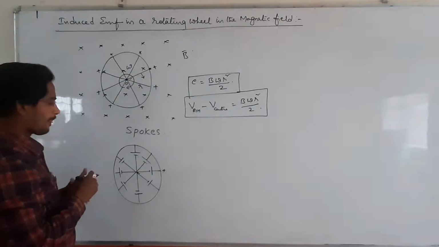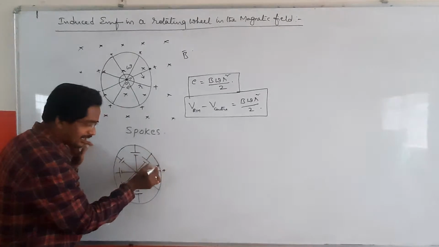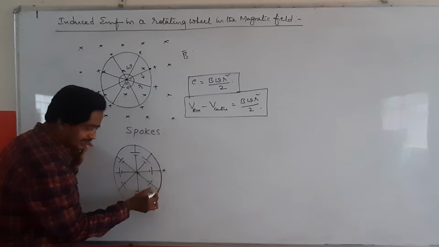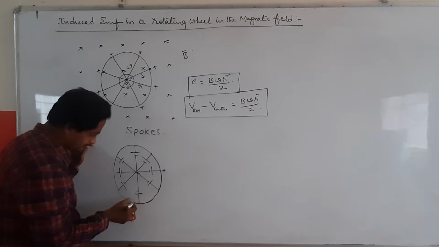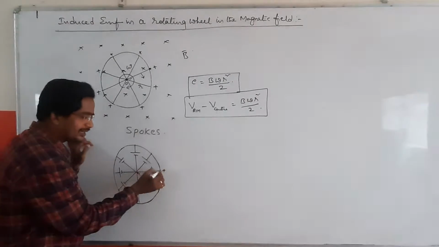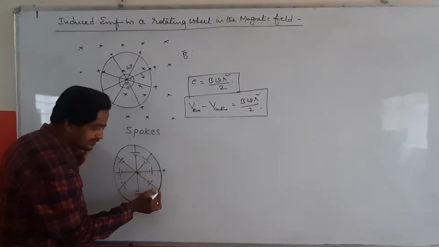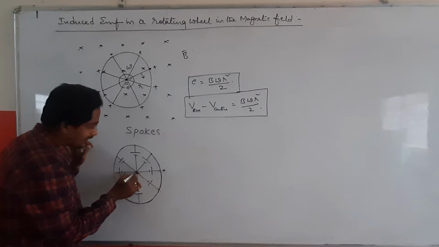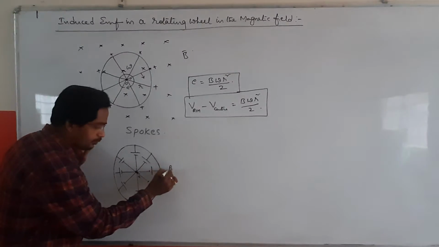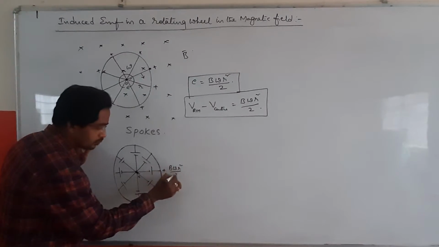Here all the cells are directly connected with a wire. By that, the potential will be the same at all these points. If you take the potential here as 0, what is the potential here? B omega R square by 2.